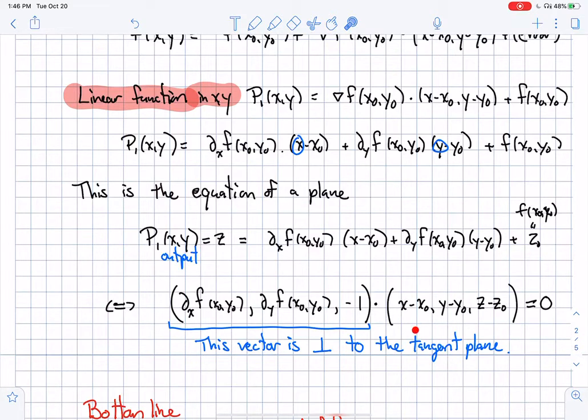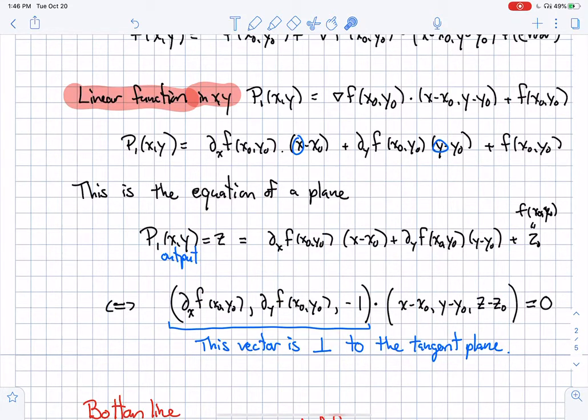So what we conclude is this is the normal vector to the tangent plane, okay? So del x f, del y f, like the gradient, and you just put -1 for z, okay? If you don't like that, if you wanted a 1, then you can just multiply by -1. If a vector is perpendicular to the plane, then minus that vector is also perpendicular to the plane.